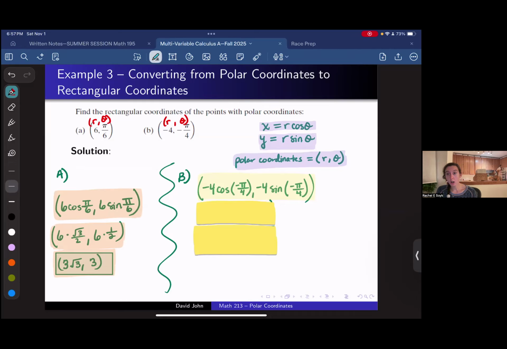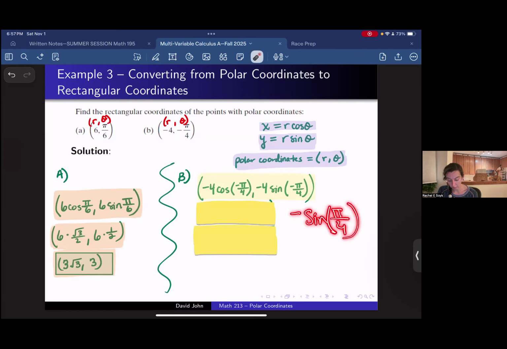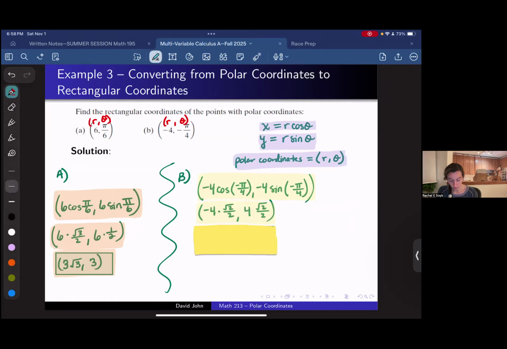Sine functions are odd, so sine of negative pi over 4 is the same as negative sine of positive pi over 4. And if we multiply that negative by this -4, this becomes a +4. So now we're essentially looking at -4 times square root of 2 over 2, comma, +4 times square root of 2 over 2.